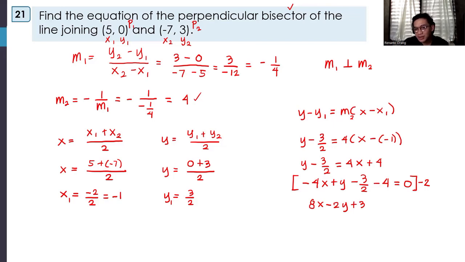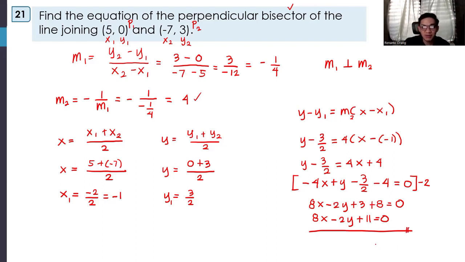Then negative 4 times negative 2 is positive 8 is equivalent to 0. Last, simplify ulit, magiging 8x minus 2y, 3 plus 8 is 11. So, plus 11 is equivalent to 0. So, therefore, ito yung equation natin which is perpendicular bisector sa ating line. And that is our final answer.